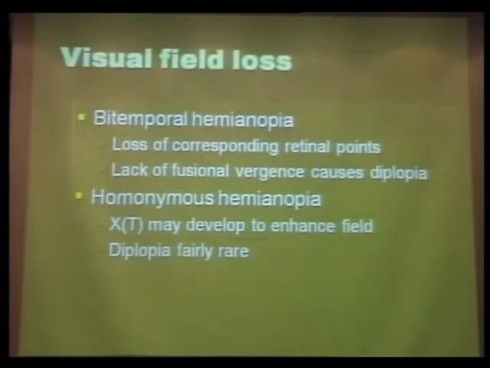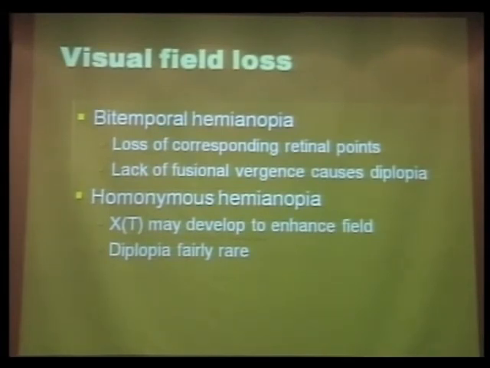Visual field loss can cause diplopia as well, particularly bitemporal hemianopia or binasal hemianopia, particularly if the defects are complete: you have a blind hemifield trying to match up with a seeing hemifield in the fellow eye, so you lose the corresponding retinal points. They don't have normal fusional vergence, and they can have variable vertical or horizontal strabismus with diplopia.